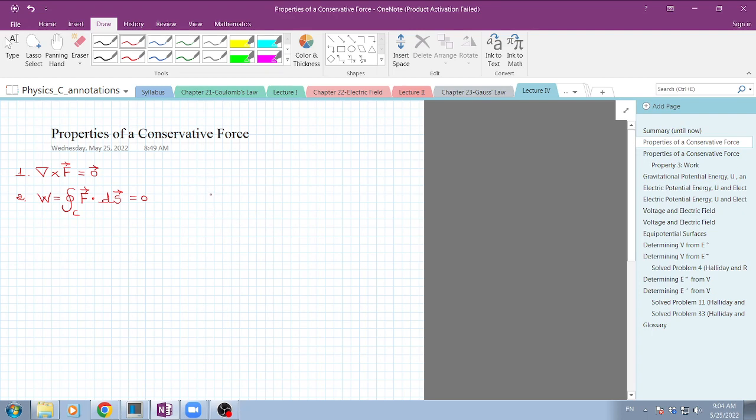What does it mean? That means if you are moving any object from A to B, and then back to A. Let's put one in blue. You are moving like this first, and then you're moving like this, applying a force. Doesn't matter the force here.